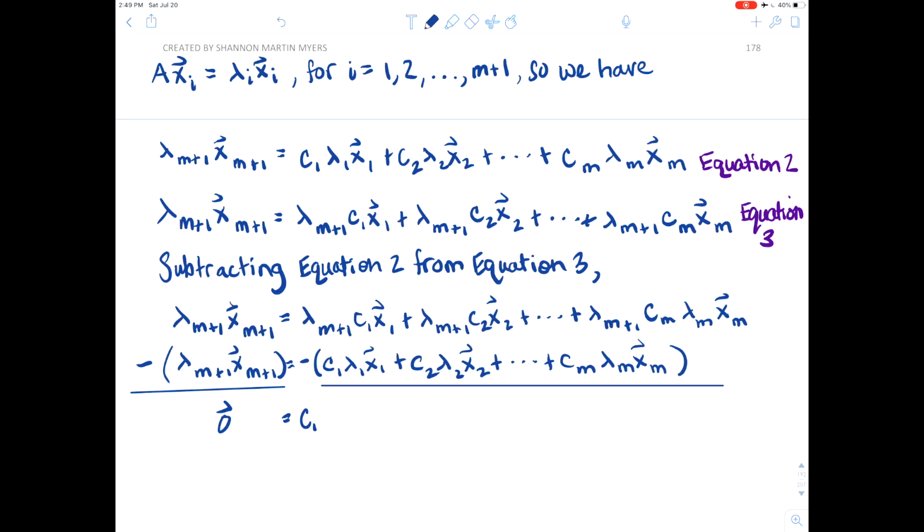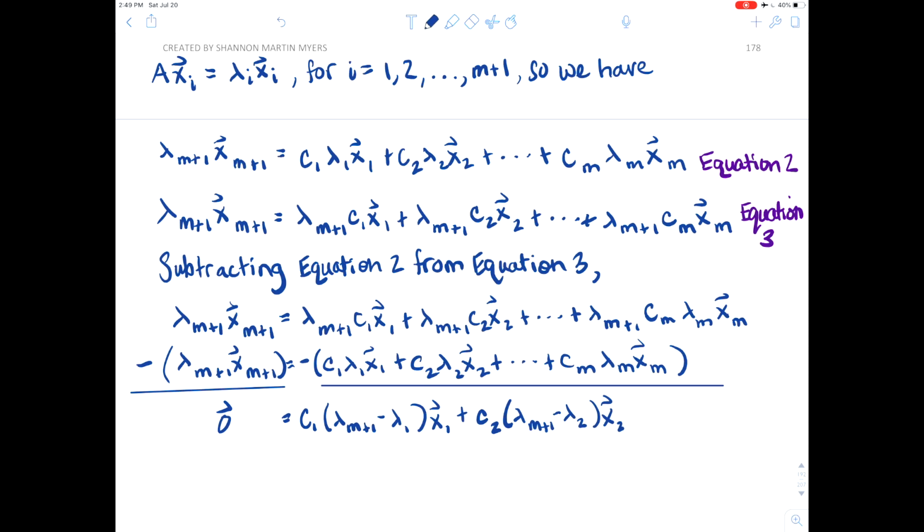We'll have lambda m plus 1 minus lambda 1 times the vector x1. Cool so far? And then plus c2 times lambda m plus 1 minus lambda 2 times the vector x2.